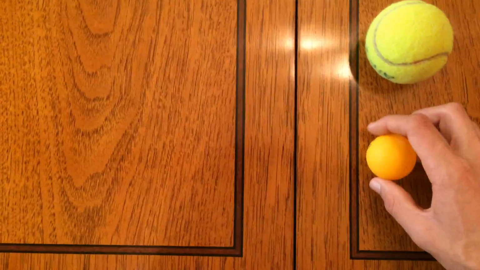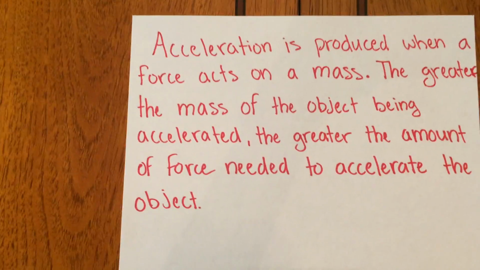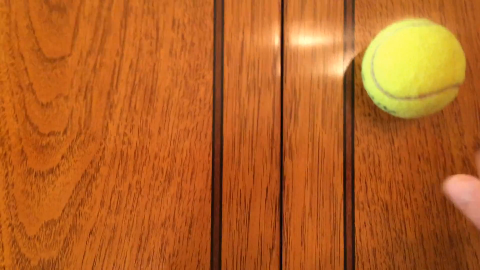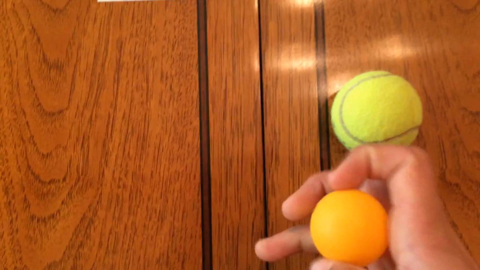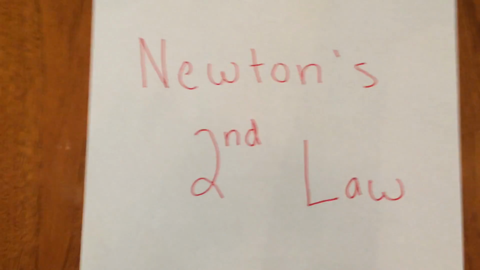This demonstrates that the object of greater mass, being the tennis ball, doesn't move as far when applied the same force as the object of smaller mass, which is Newton's second law.